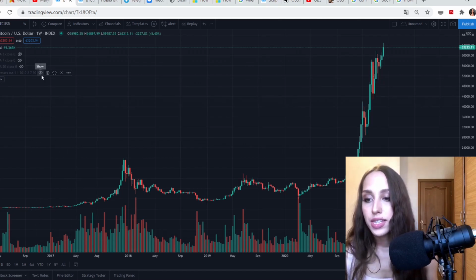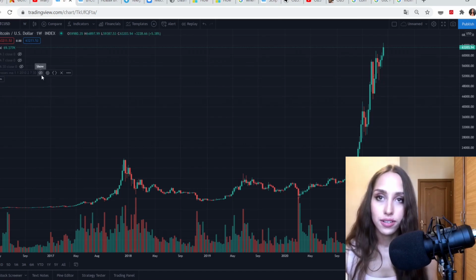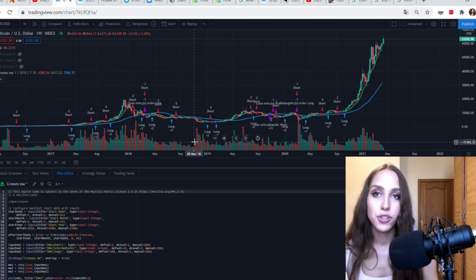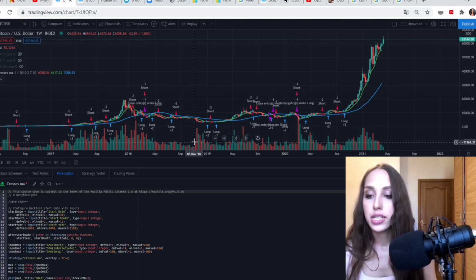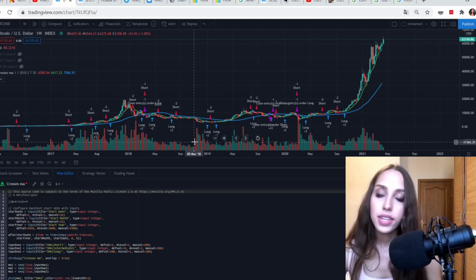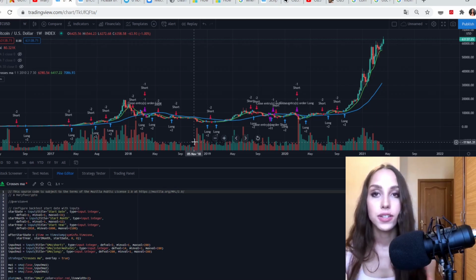So this is a crossover kind of strategy, and the reason I'm showing you this is because you can test any of your strategies, no matter what kind of strategy it is. Even if it's not a moving average strategy, you can still use this Pine editor in order to understand if your strategy is working well or if it doesn't work at all.